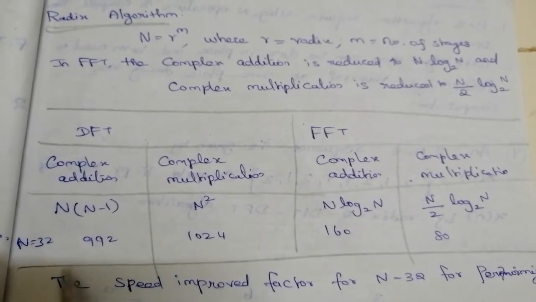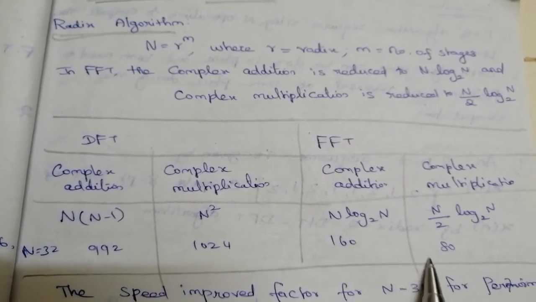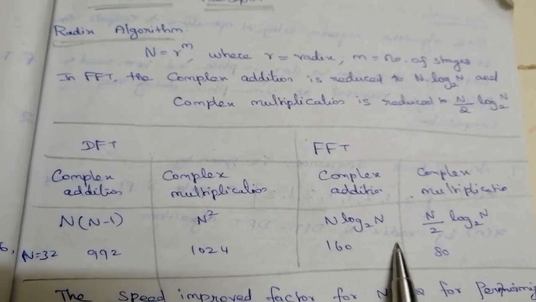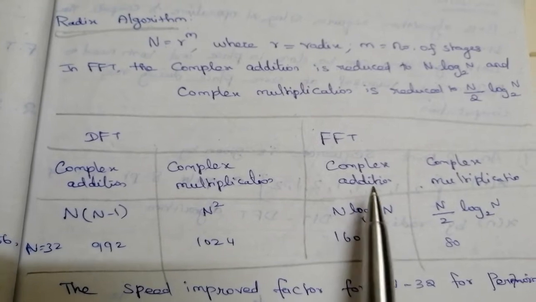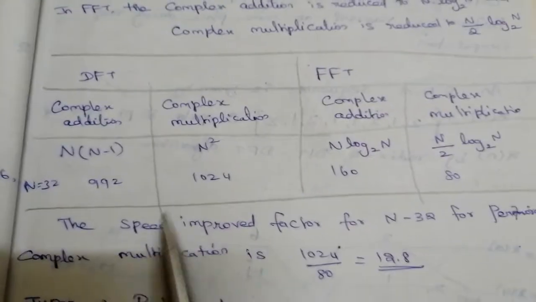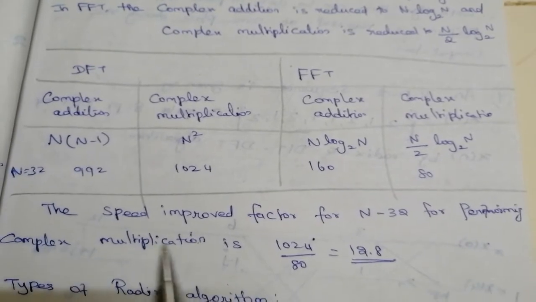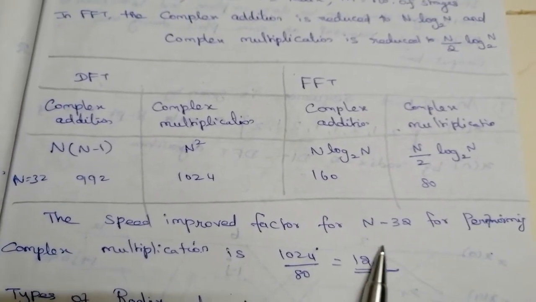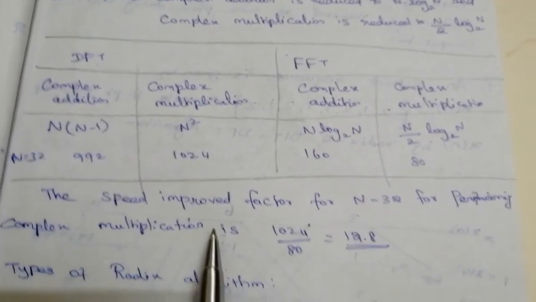Whereas in FFT, for the same N equal to 32, it requires 160 additions and 80 multiplications, which is very much reduced compared to DFT. That's why we go for fast Fourier transform, right? The speed improvement factor for N equal to 32 for complex multiplication is 12.8. So when the number of stages increases, the speed is very fast compared to DFT.